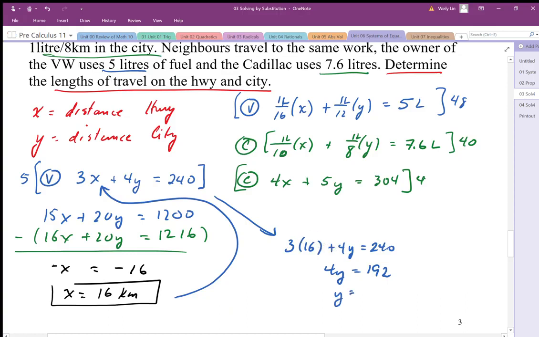Divide both sides by 4, so 192 divided by 4 gives me 48 kilometers in the city. So my highway driving looks to be about 16 kilometers.